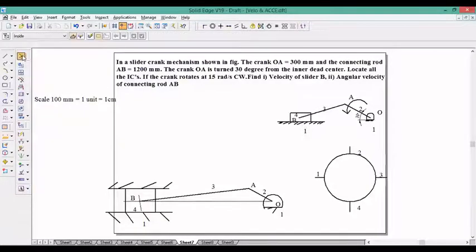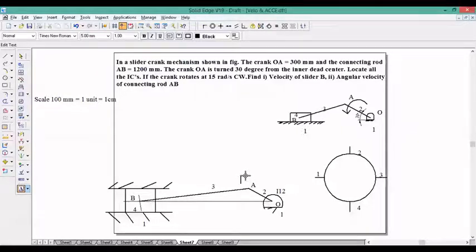The next step is we need to locate the instantaneous centers which are fixed and permanent. By looking itself, we can say I12 will be at exactly point O, which is the fixed instantaneous center I12.